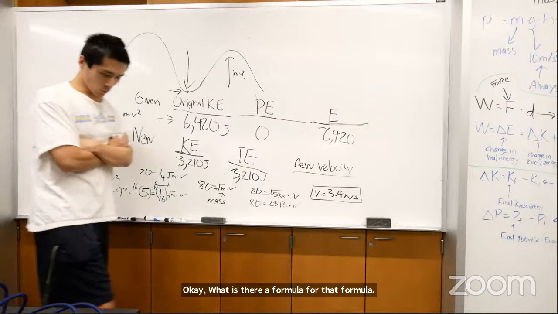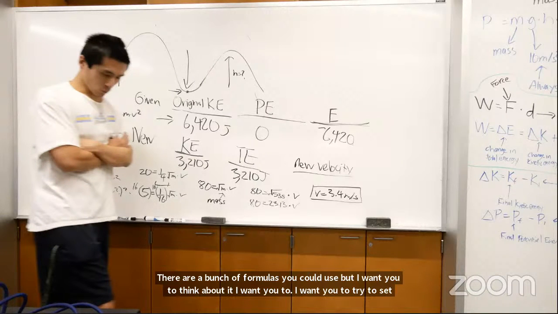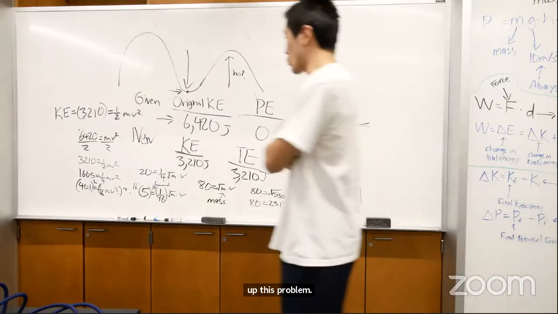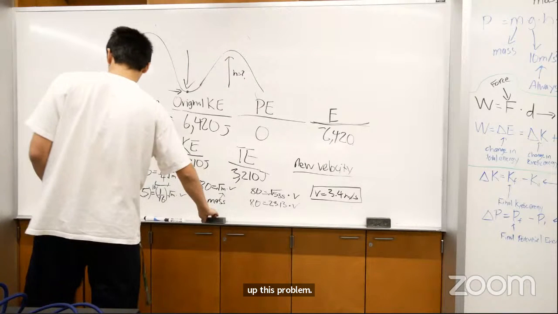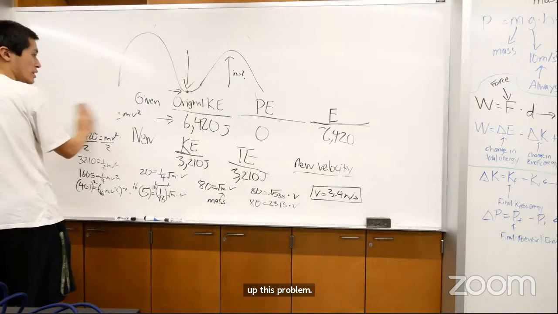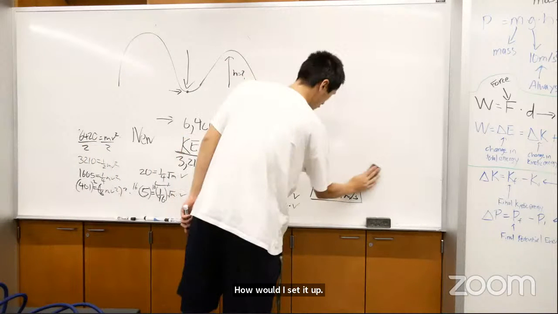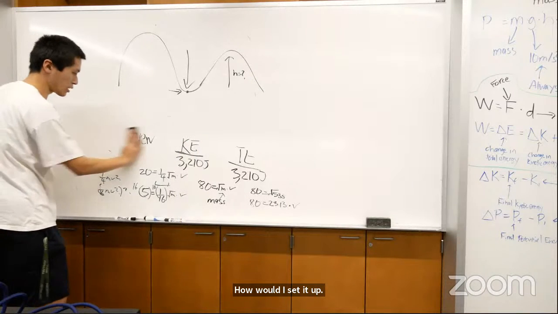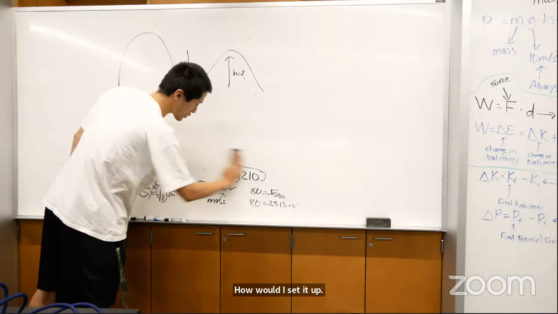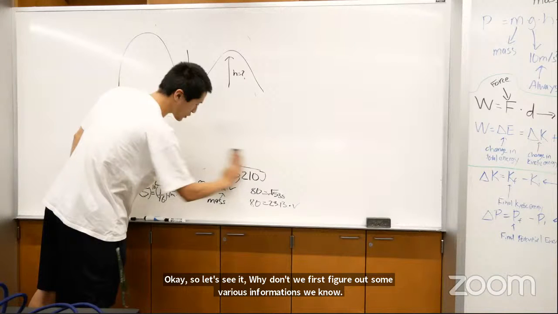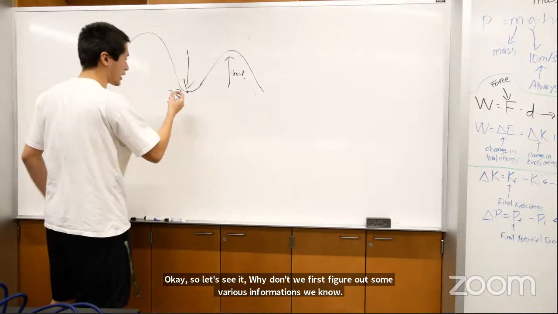Okay, so let's see. Why don't we first figure out some information we know, and that'll help us figure out how high a roller coaster can go. After we lost a bunch of energy due to friction, Giorgio, how much kinetic energy do you have now here?